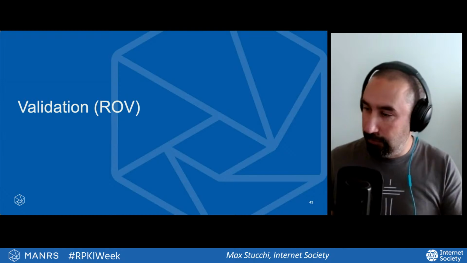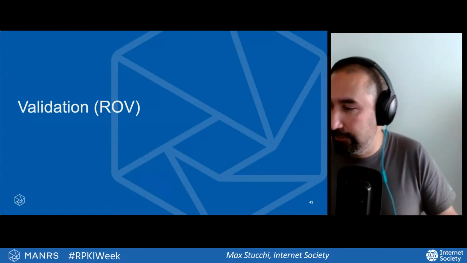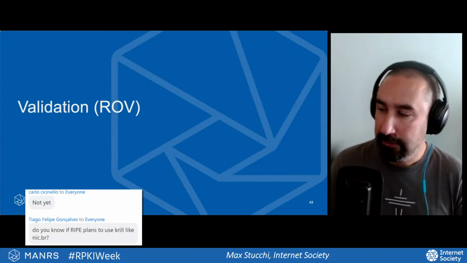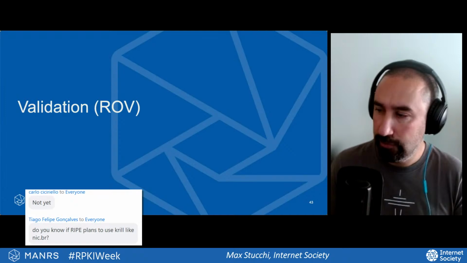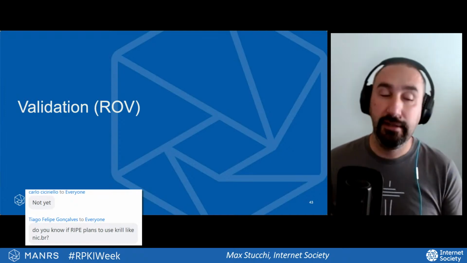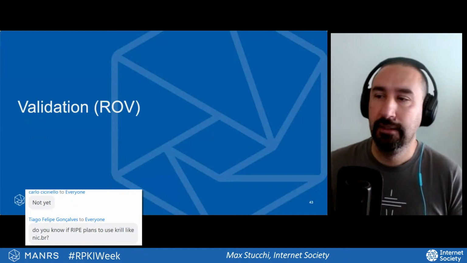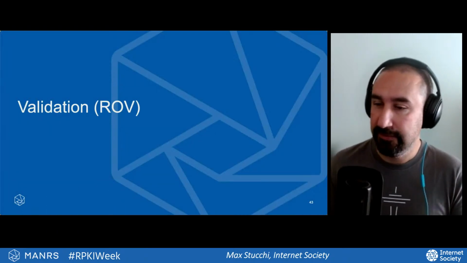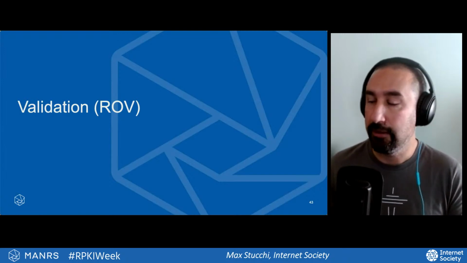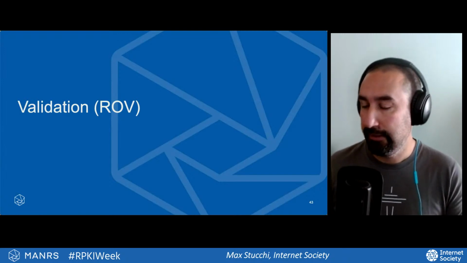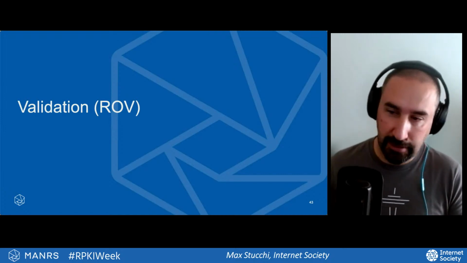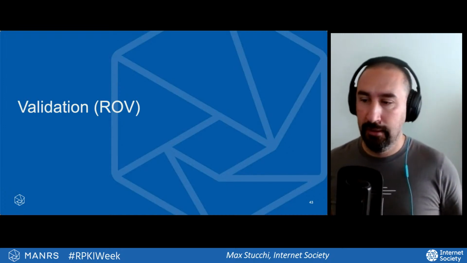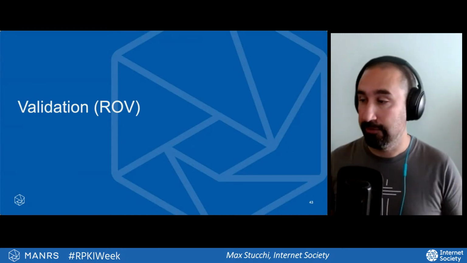Now, good question. Okay, do I know if RIPE plans to use Krill like NIC.br? I don't think they plan on that. I think they have some parts that use some features out of Krill, but the RIPE NCC has their own platform that they created with their own HSMs to create, delete ROAs, to manage all the RPKI repository.